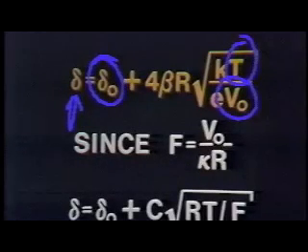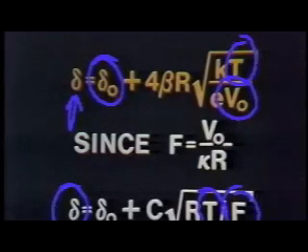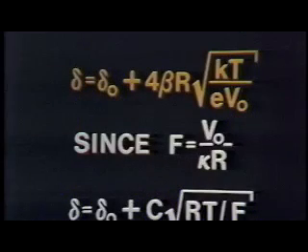Now remember, the electric field depends on the voltage divided by the radius of this specimen at its apex. That means the resolution depends on the square root of the temperature divided by the electric field strength times some factor C and the radius of the tip itself.